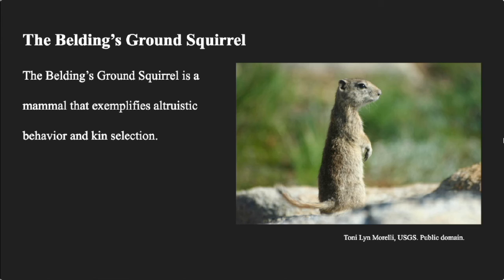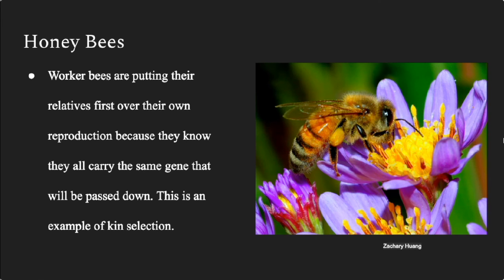Another example of kin selection is the relationship between bees and the queen bee. The queen bee produces the egg, and the other bees that live in the hive work on all the other responsibilities, including taking care of the new bees. Due to the fact that all of these bees came from the same mother, the worker bees do not mind taking care of the young.